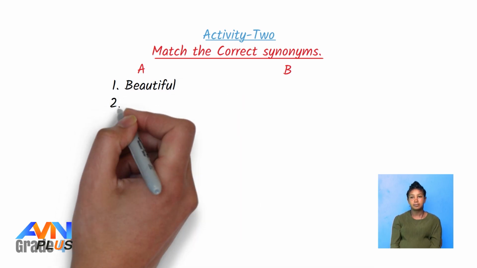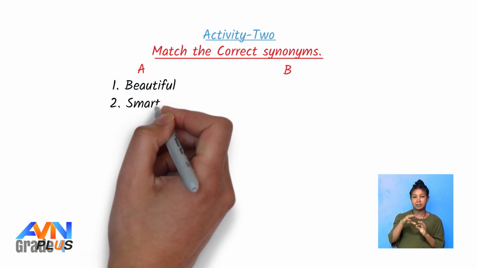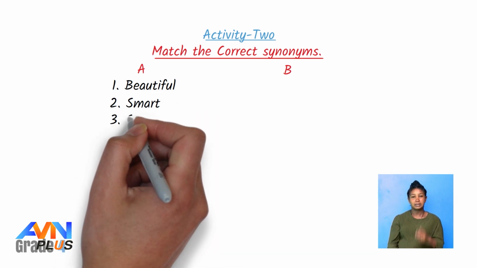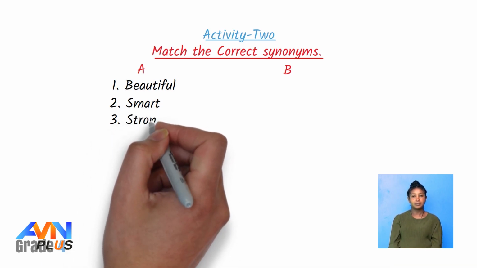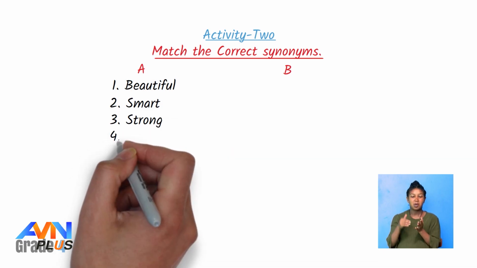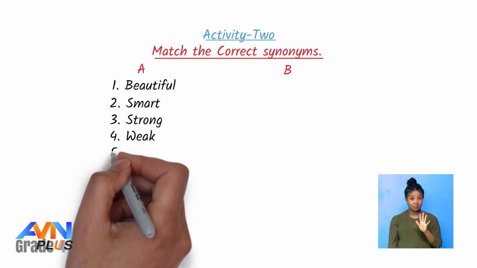Here is 1, beautiful; 2, smart; 3, strong; 4, weak; 5, rich.